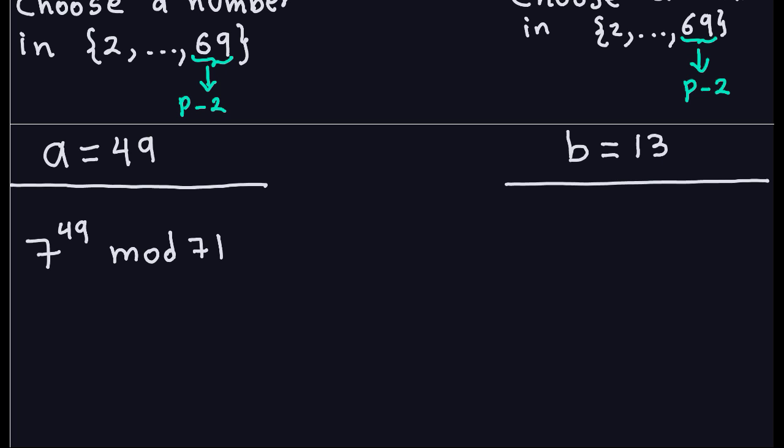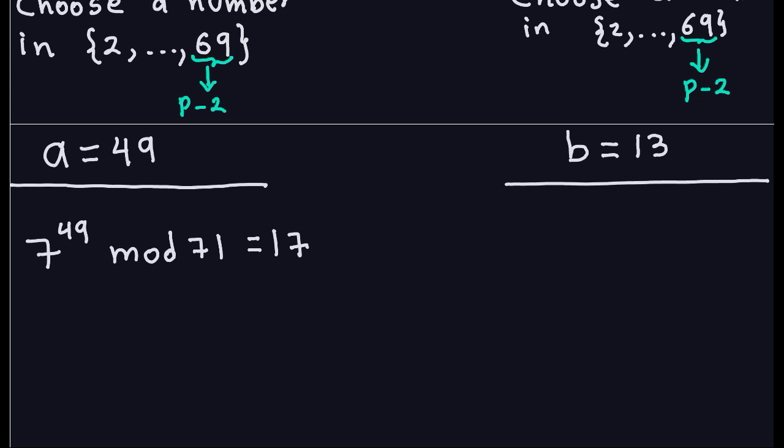She does that on her side, and if you actually go ahead and compute this, of course you will need a calculator or computer, because this exponent 49 is too big, you're going to get 17. That's the number that Alice gets.